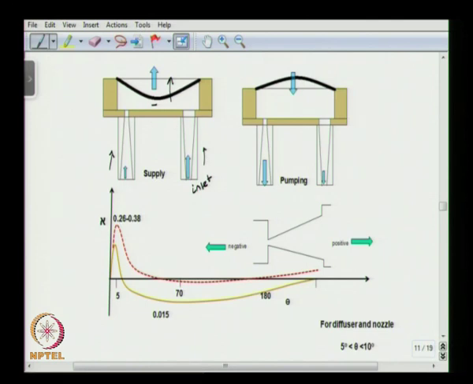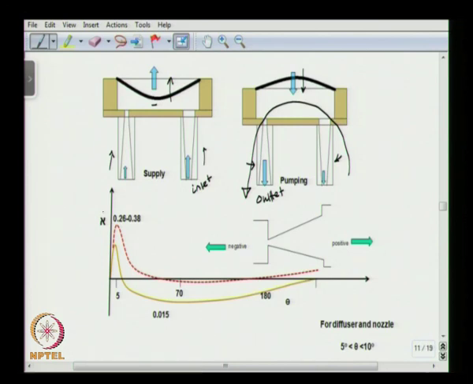In the downward stroke, when the membrane goes down, this acts as a nozzle and this acts as a diffuser. So more fluid will go to the outlet than will go to the inlet. So we have essentially net fluid going from the inlet to the outlet.